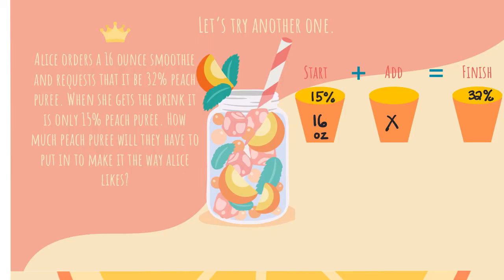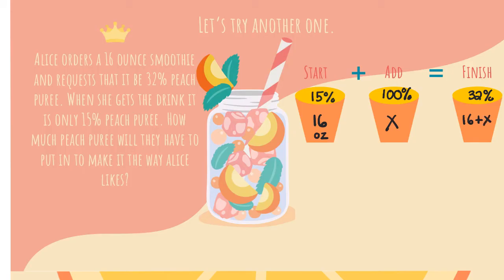What percent peach puree is the peach puree that they're adding? 100%. They're adding pure peach puree to the smoothie to make sure it gets peachy enough. She ends up with the original 16 ounces plus X.